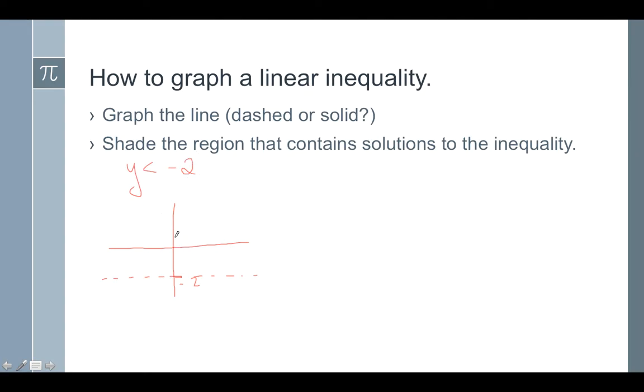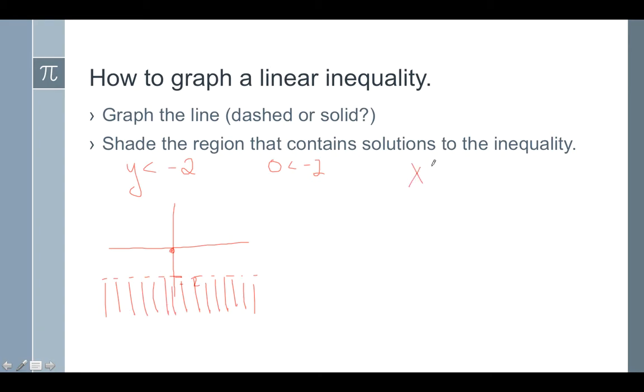We could plug in the point 0, 0 and ask ourselves, is 0 less than negative 2? That statement is false, so we need to shade below the line. And we should know that every y value below negative 2 is less than negative 2.